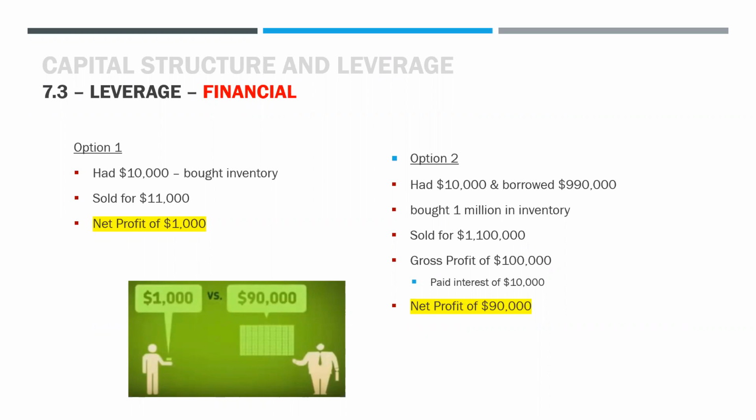What if you decide to have $10,000 and buy a small amount of inventory and sell that for $1,000 versus option 2: have $10,000, but I'm going to borrow $990,000, buy $1 million in inventory, sell that for $1.1 million, make a gross profit of $100,000 before taxes, pay $10,000 of interest, you have a net profit of $90,000.